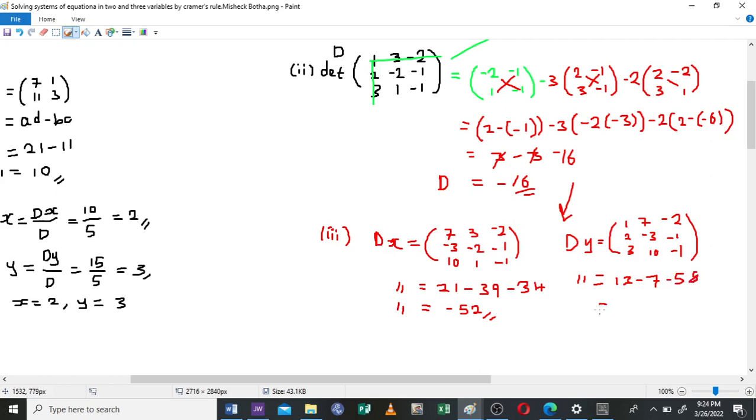Now if you subtract this, you are going to get negative 52 as well. So even this one will give you negative 52, right?